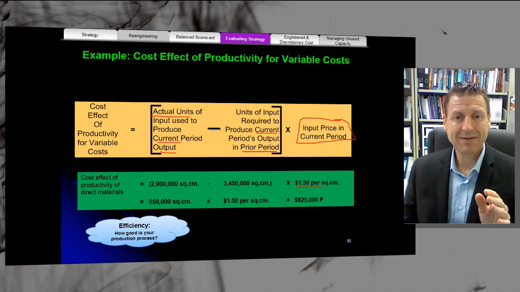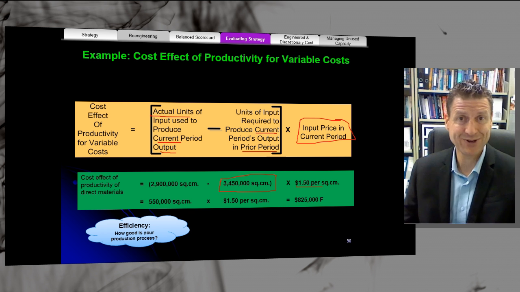But here's the big calculation. We have calculated this before. This is the units of input required to produce the current period's output, and that is 1.15 million units in the prior period. So what was that? We actually divided by 1 million units in the prior period, and then multiplied by 3 million units, which was the input of raw materials.